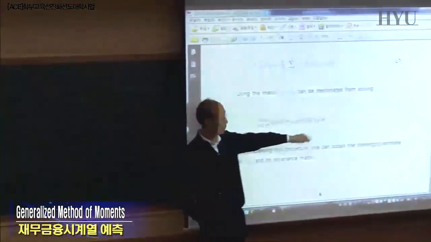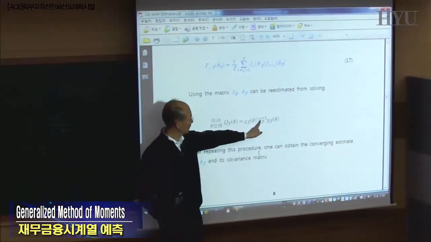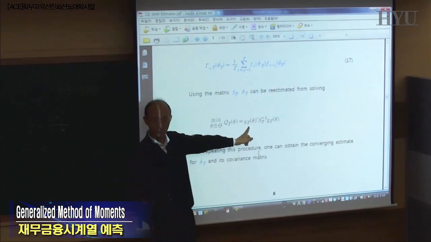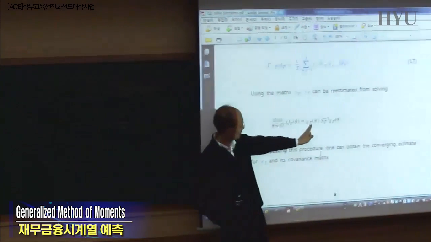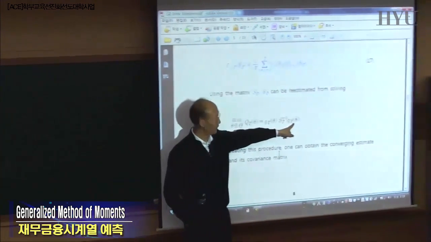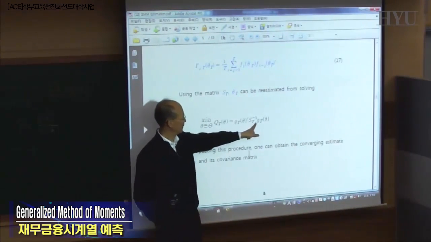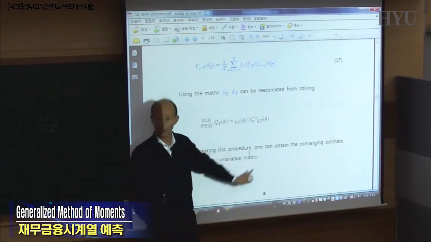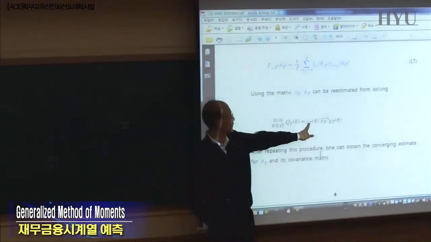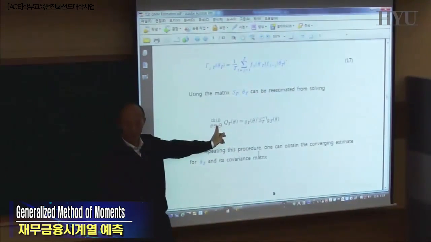So loosely speaking, this one, S of t, is the variance of that. So what it does is, this is the moment conditions squared divided by, or scaled by, its covariance. The scaled moment condition is minimized in this case.